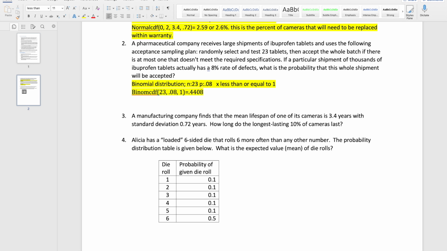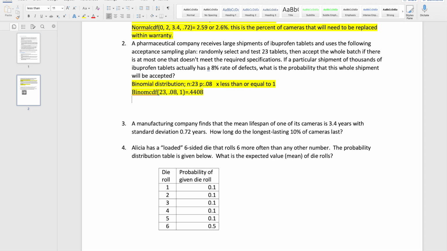There is a binom CDF 23, 0.08, 1. 1 minus binom 0.08 and then we go to 0.